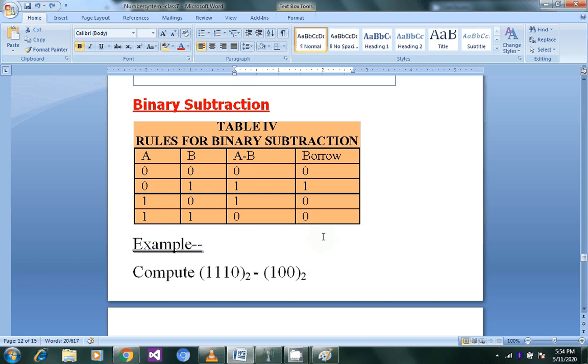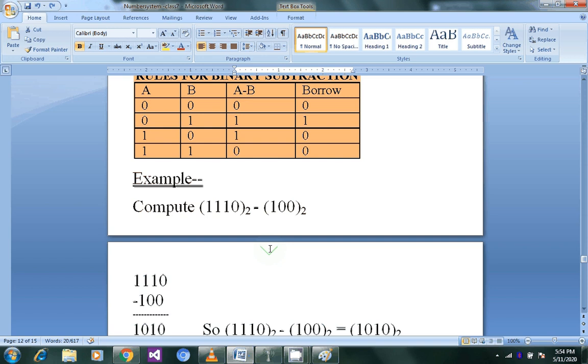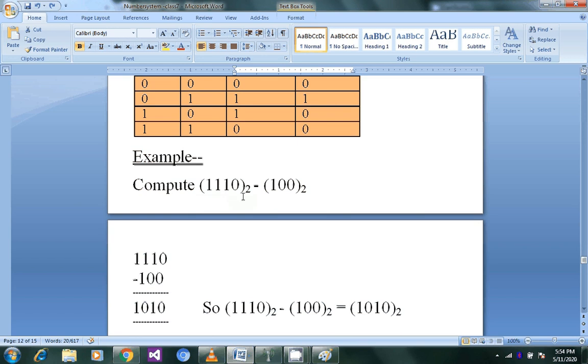All of you see this example. You have to compute as given in your book. 1110, which is a binary number, minus 100, which is also a binary number.